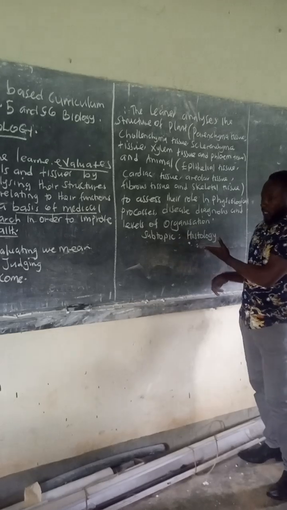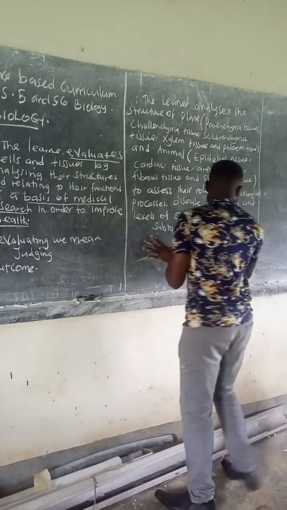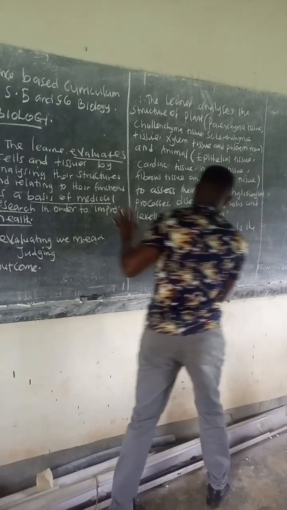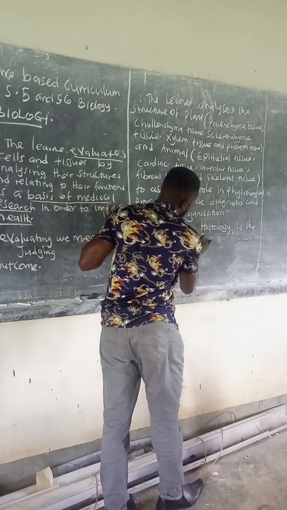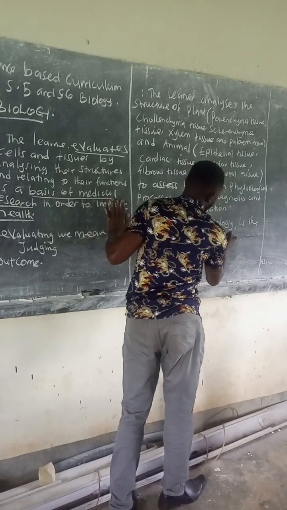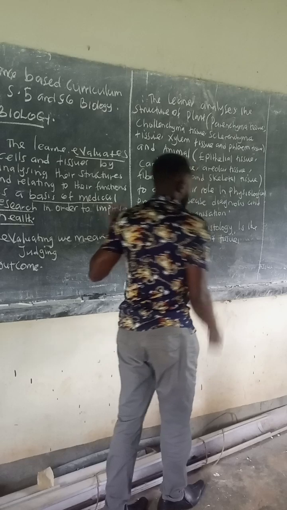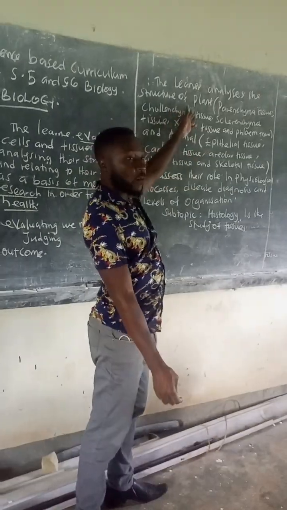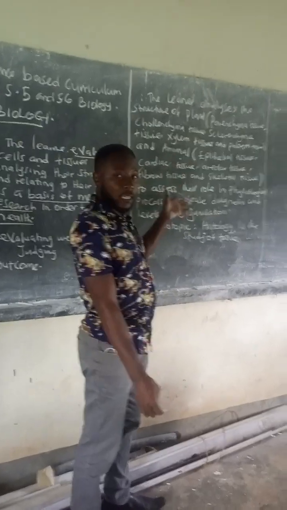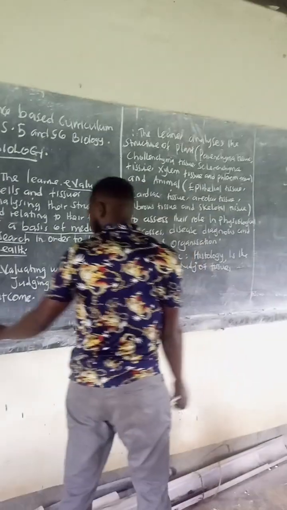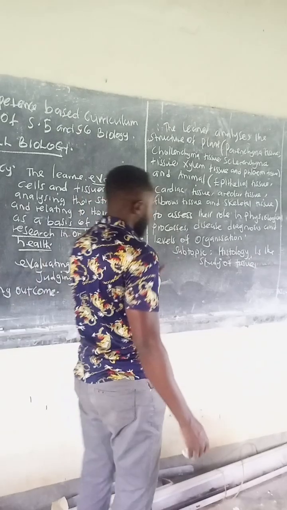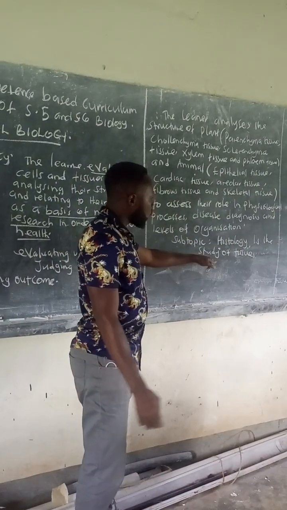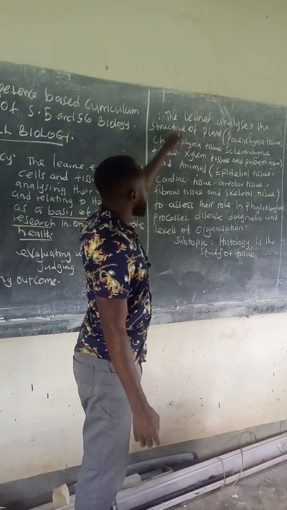Histology is the study of tissues. And the tissues we mean are the ones we have already put here. We have both plant tissues and animal tissues, which we have already put in our work there. The study of tissues.